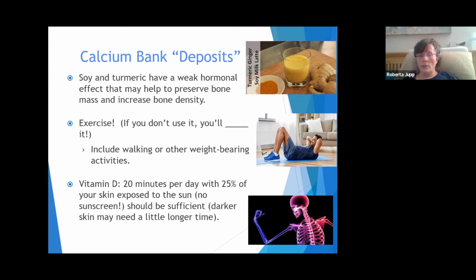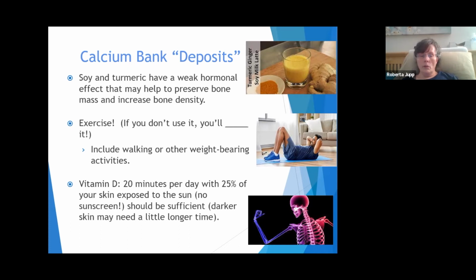So it has most of the natural things and the beneficial things for the bone. So talk to your doctor if you feel like you can't have soy because of a breast cancer risk. A lot of women, if they stick with unprocessed soy and have small amounts of it, they don't have issues.